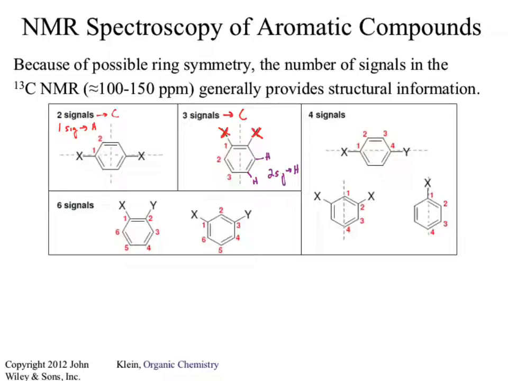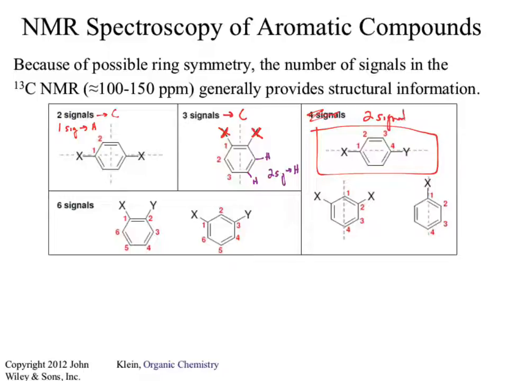That can help you analyze an HNMR relatively quickly, particularly on a multiple choice exam, because if you see a characteristic pattern for, say, XY, that upper right structure, and you're given the HNMR, what do we see? HNMR, 2 signals.